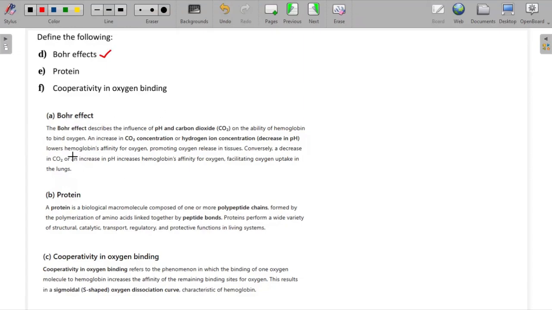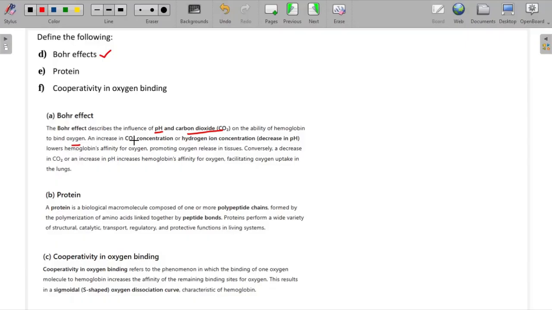I wrote the definitions here so that I can read them through and you can also see them. The Bohr effect describes the influence of pH and carbon dioxide on the ability of hemoglobin to bind oxygen.